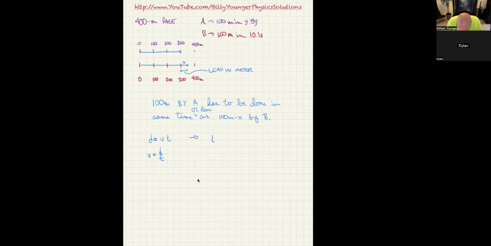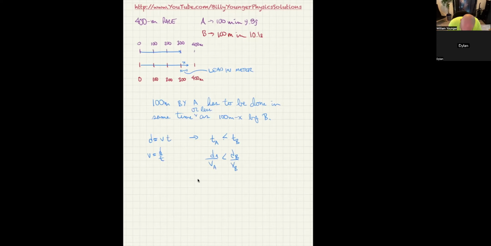So I'm going to say TA has to be less than team B. But team A and team B both have time given by distance divided by velocity. So dA over VA is less than or equal to dB over VB.